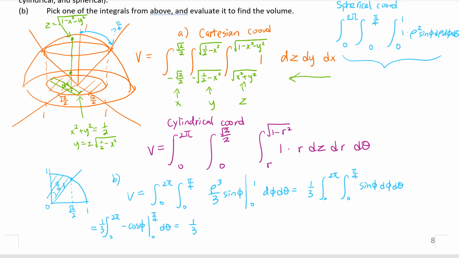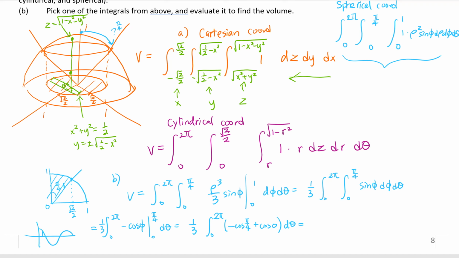Well, that is the same as negative cosine phi, minus negative cosine 0, and then d theta. Okay, so I plug in pi over 4 here, subtract when we plug in 0. What is cosine pi over 4?